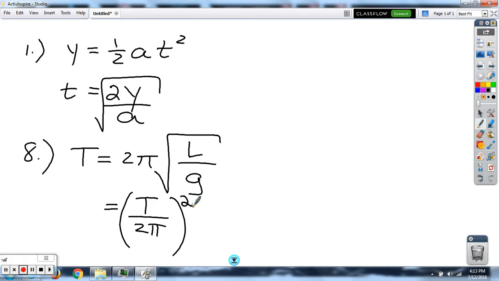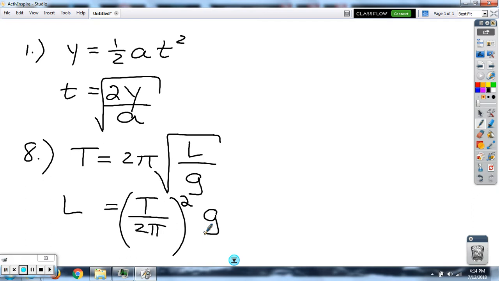What I'm left with, having gotten rid of the square root, is just L over G. And in order to get L by itself, I'd have to multiply both sides by G. And we've accomplished the task. We solved for L.